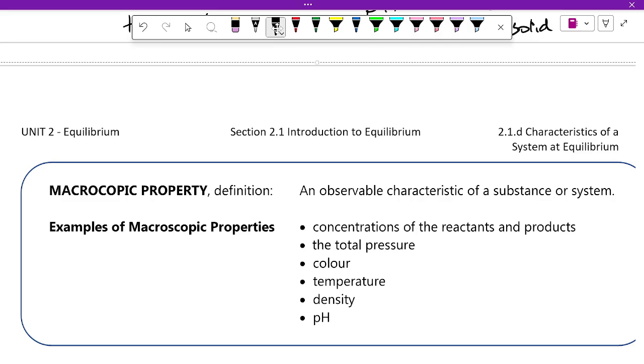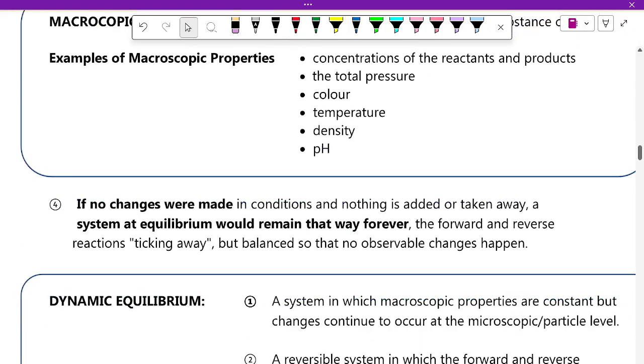You just kind of need to understand what macroscopic properties are. And if we made no changes to this system, it would just sit here forever, looking just like this. But what would be happening down at the particle level? Mad square dancing, okay? Do-si-do, whatever it is.